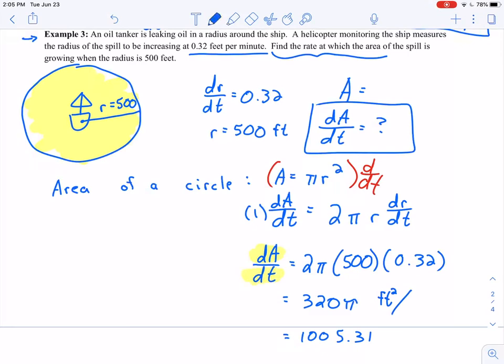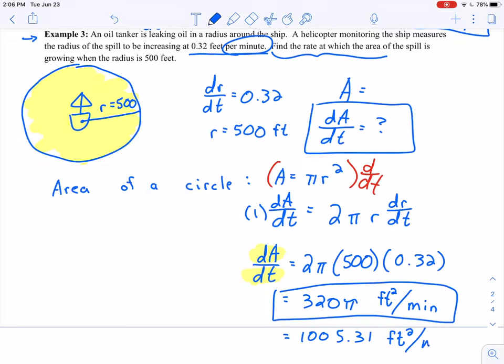Earlier we said feet per minute right there. So that means my unit of time is per minute. So my answer, 320 pi feet squared per minute, or 1005.31 feet squared per minute would be my solution.